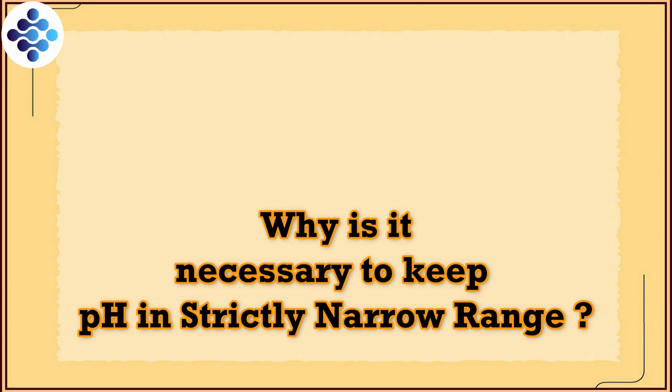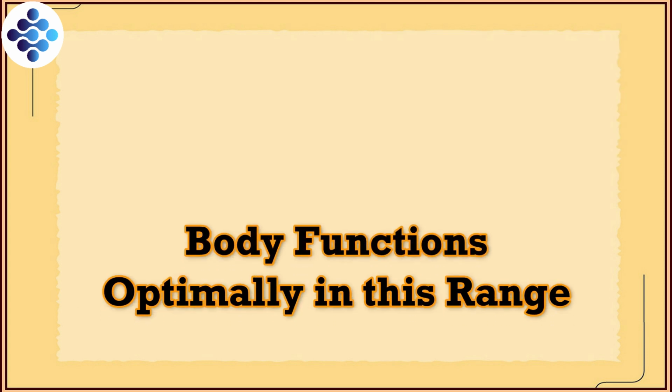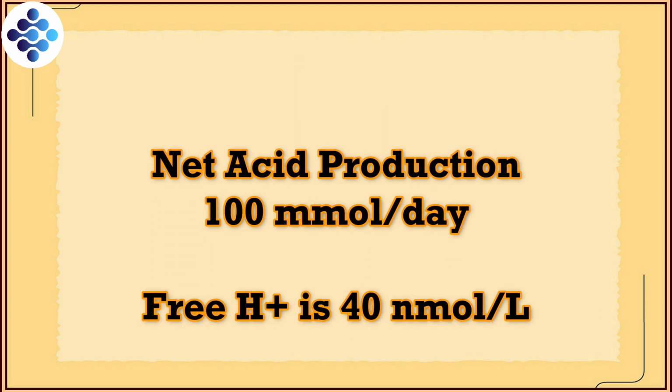Why is it necessary to keep pH values within a strictly narrow range? Because the body functions, all the chemical reactions, will be running very optimally within this specific range. Now the net acid production is about 100 millimole per day. The free hydrogen ion is 40 nanomole per liter.